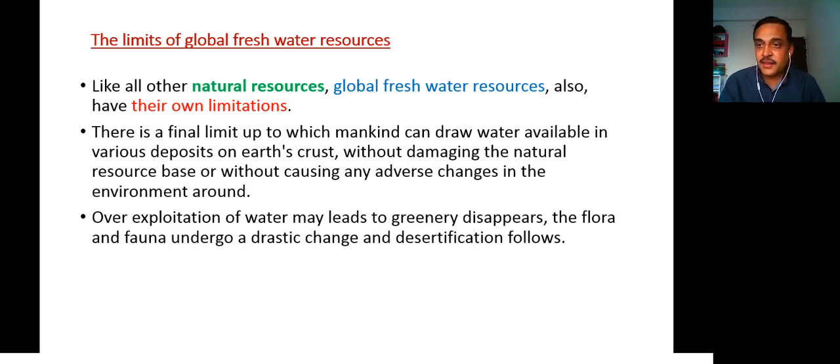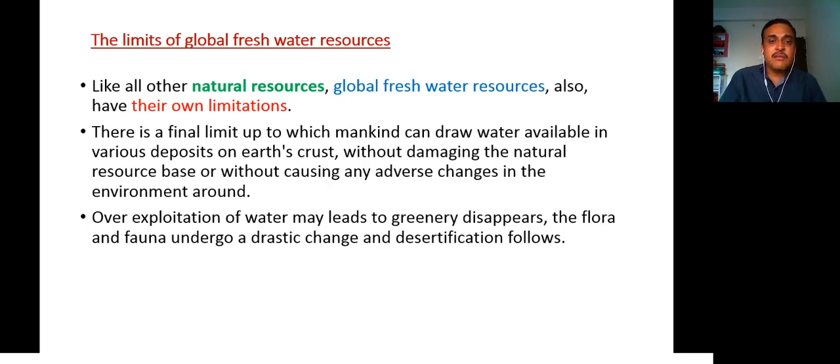And my dear students, as we are living in our Marathwada region, which is also known as a rain shadow region, we are receiving a very low amount of rainfall. On an average we are getting only 700 mm of annual rainfall.